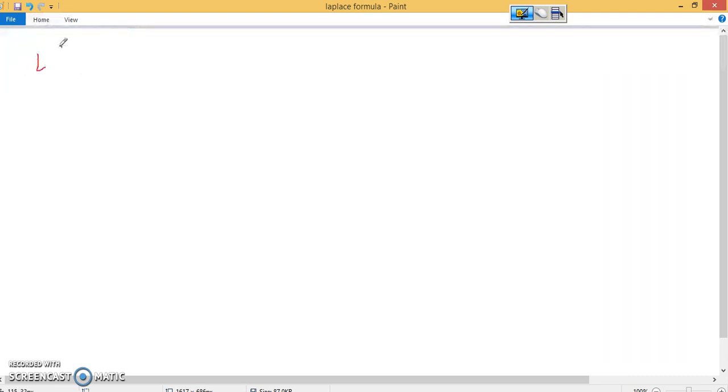So again, another problem. If we are given: find the Laplace of cos h of at into sine of t. This one is given. This is a very complicated type.